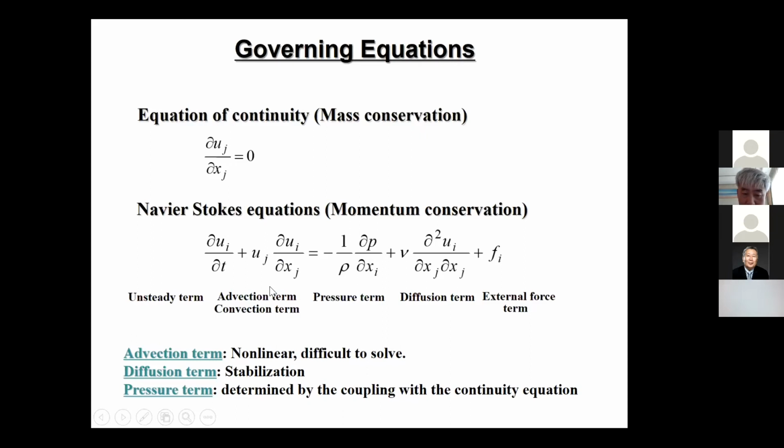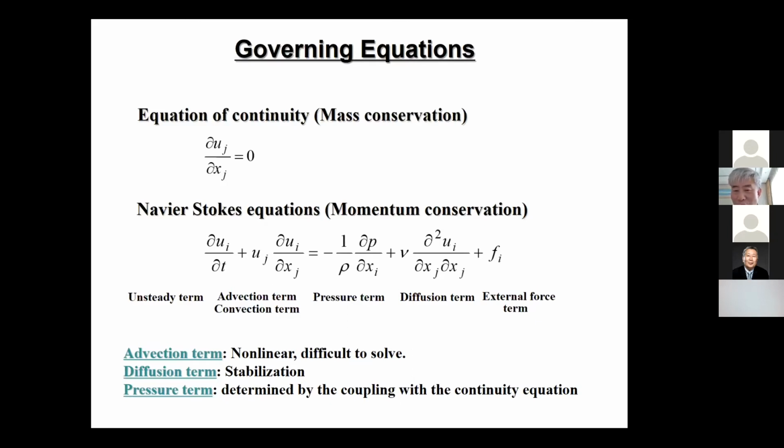It's nonlinear and very difficult to solve. The diffusion term will stabilize your calculation. So actually, we want to add more diffusion effect into our calculation so we can make it stable. But this behavior is just like adding more damping into your system. Of course, with more damping, your structure will vibrate less, but it's not the real phenomenon.